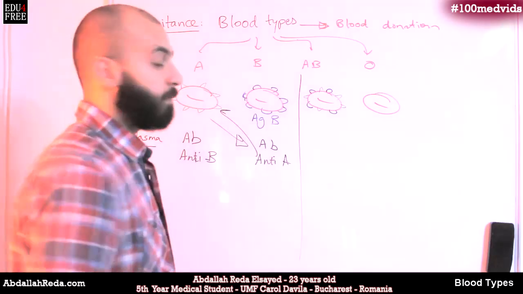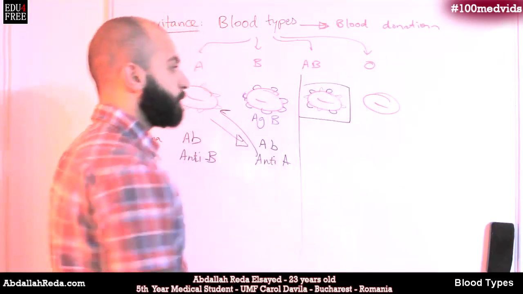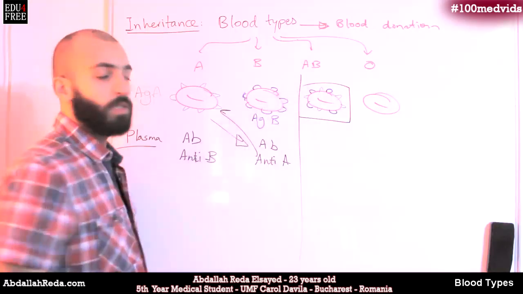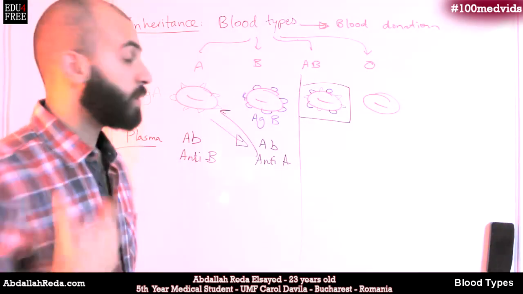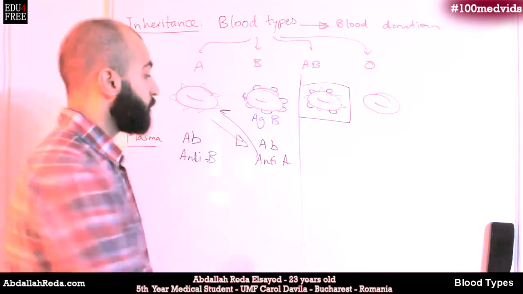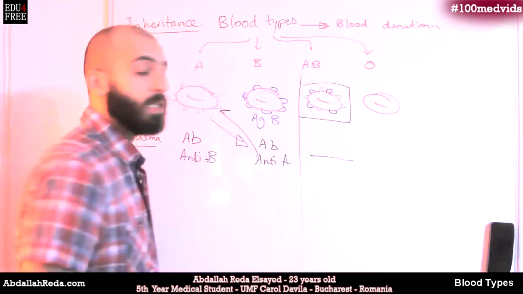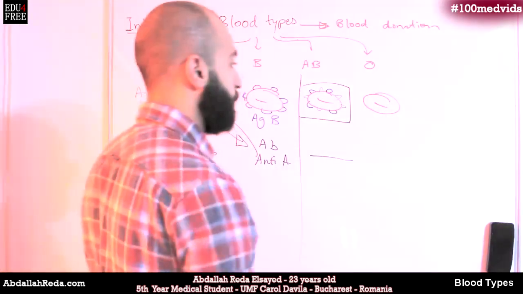So what about AB? Someone with this type of blood, since they already have both antigens on the red blood cells, their body is familiar with both antigens. Therefore, there is no need for any antibodies in the plasma. So the plasma doesn't have antibodies for either A or B. And O is quite the opposite.